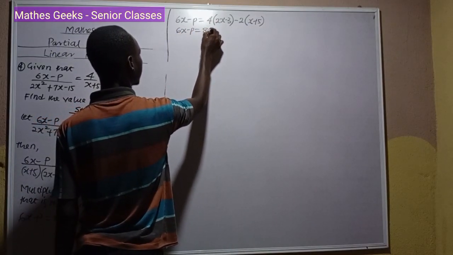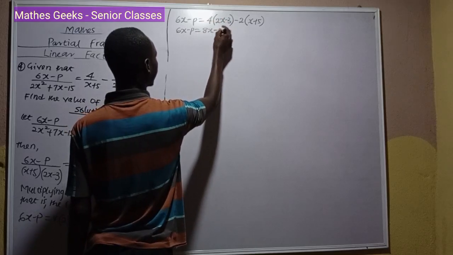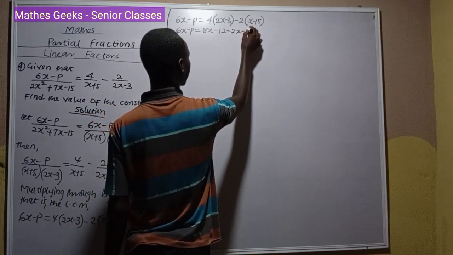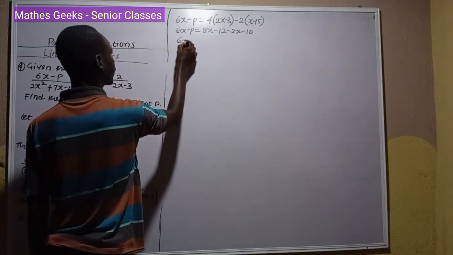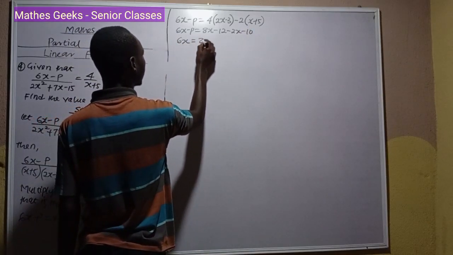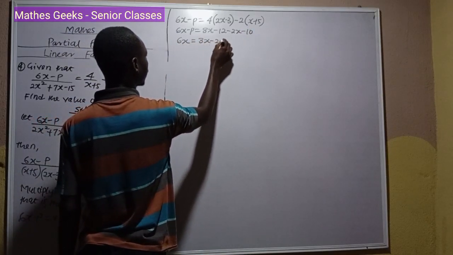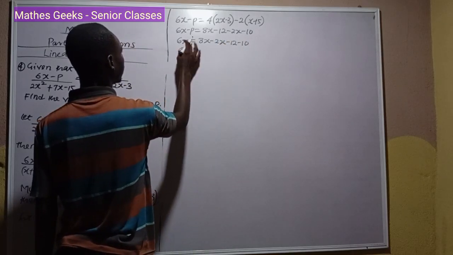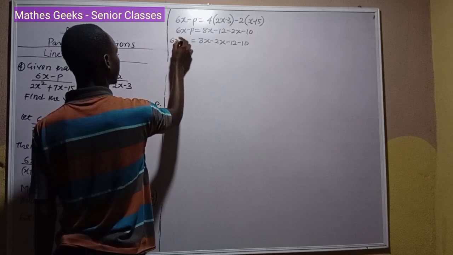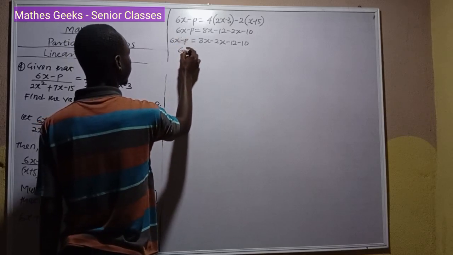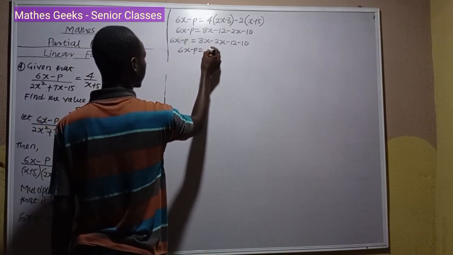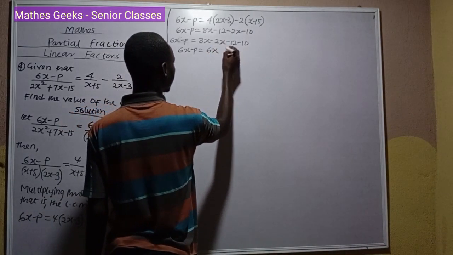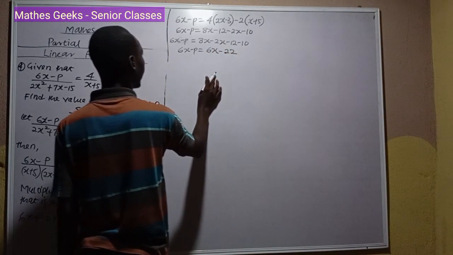Times 2x gives us 8x. 4 times minus 2 gives us minus 12. Minus 2x minus 10. So 6x equals 8x minus 2x minus 12 minus 10. 6x minus 2, 6x minus 8x minus 2x is 6x, minus 12 minus 10 is minus 22.